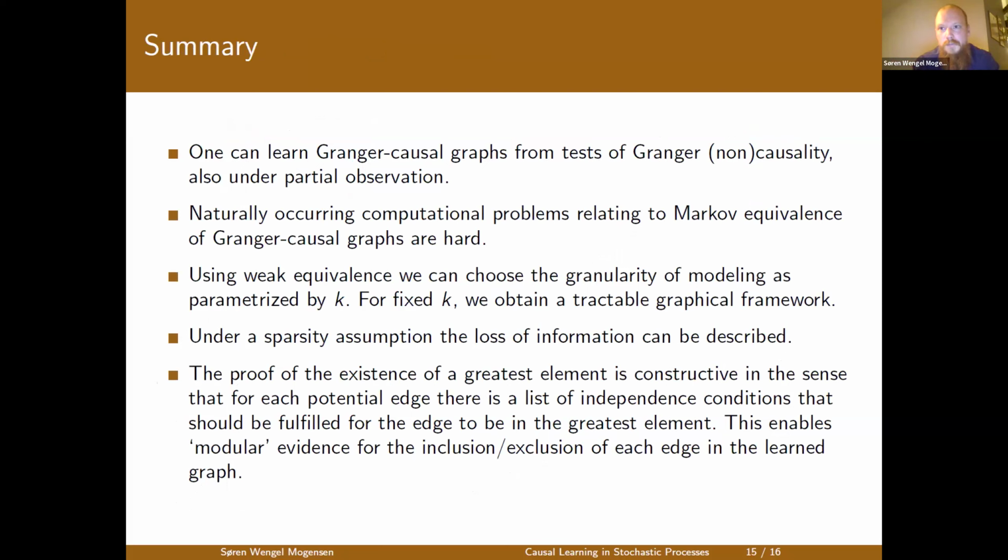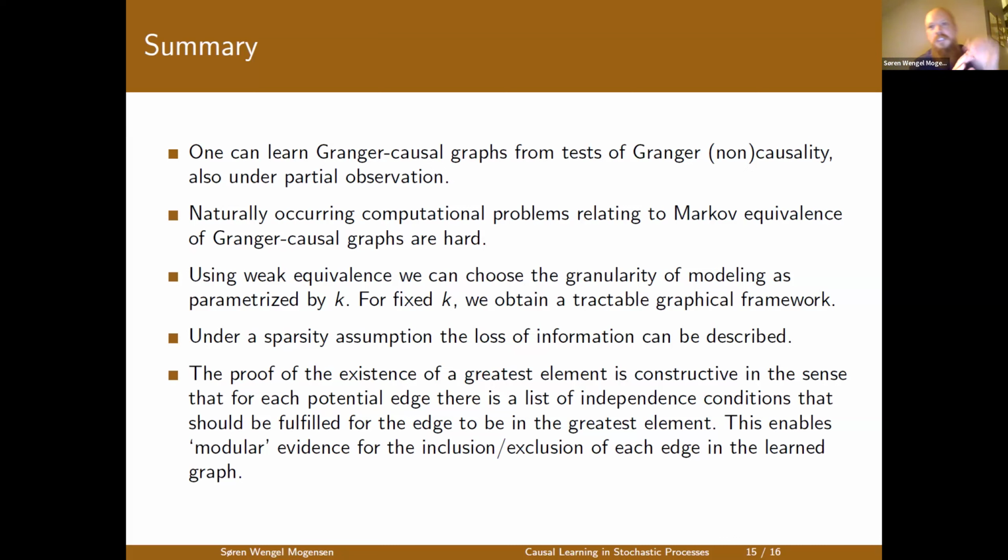Essentially, maybe I already said this, but one reason to look at these weak equivalence classes is of course the fact that these computational problems are hard. Otherwise, it's somewhat of a theoretical problem, because if you have large graphs, then a polynomial number of tests with a large exponent may also be unfeasible, right?